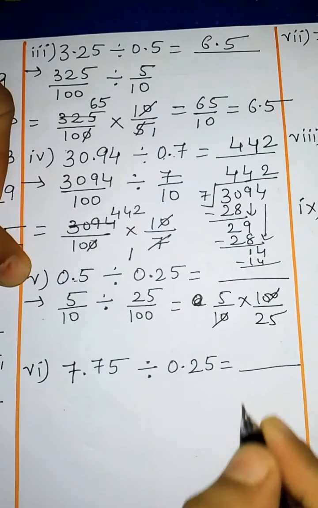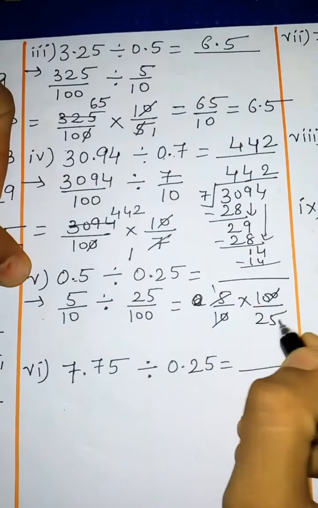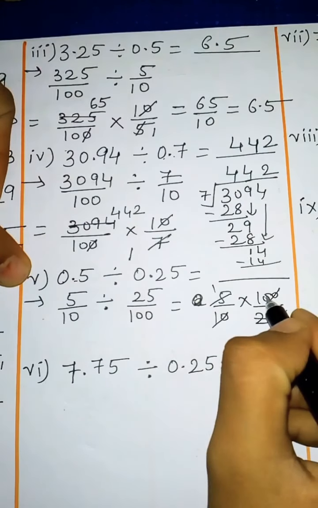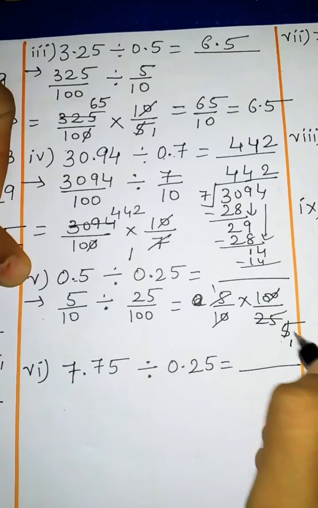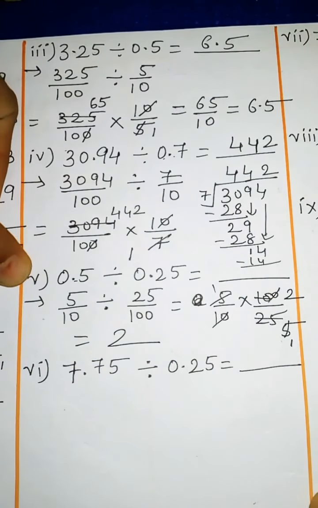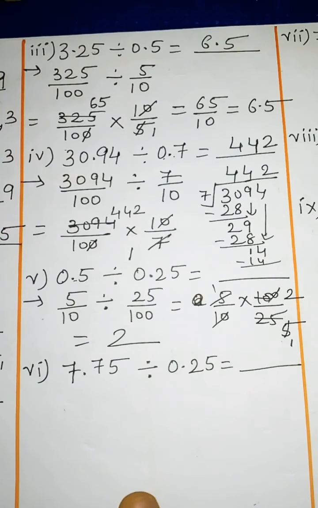Now 0 and 0 cancel. 5 1s and 5 5s 25. Now this 5 and here 10 is left. Again 5 1s and this is 5 2s. So our answer is 2. After cancellation our answer will come 2.